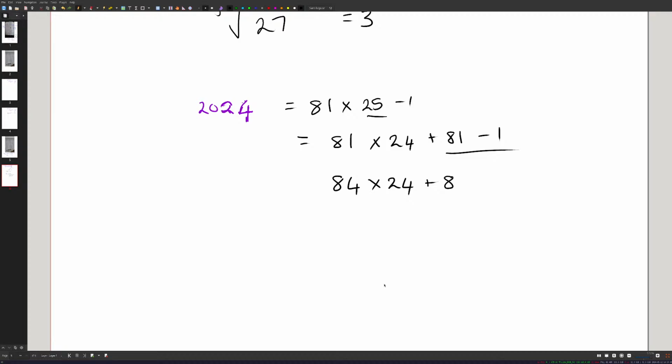Does that make sense? Is 2016 divisible by 24? Well, it's divisible by 8 and divisible by 3, so yes it is. So this is correct.